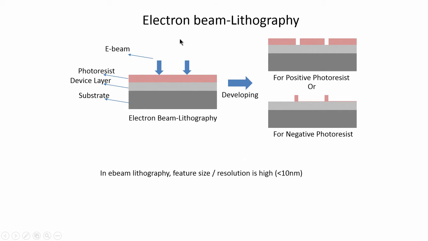You have a design pattern in a computer for example, and then the electron beam can directly expose the photoresist to the pattern. That is one of the important recent developments where you need not make a separate mask for exposing this photoresist. Once again you have positive photoresists or negative photoresists as we discussed for the optical lithography. The resolutions possible are of the order of a few nanometers.